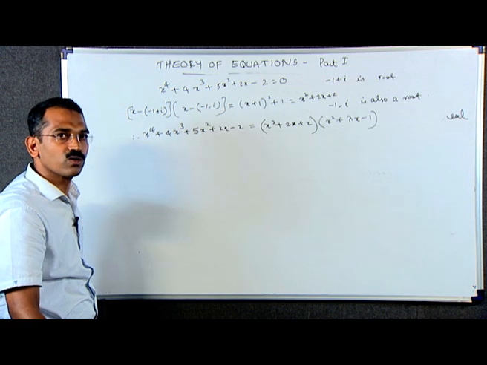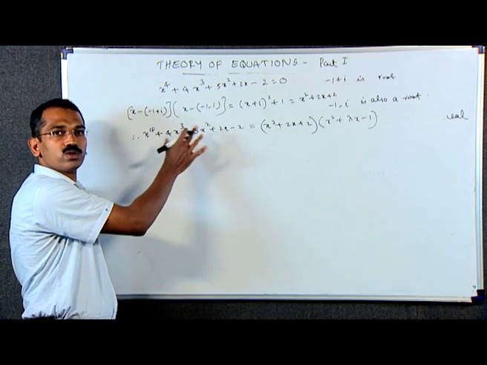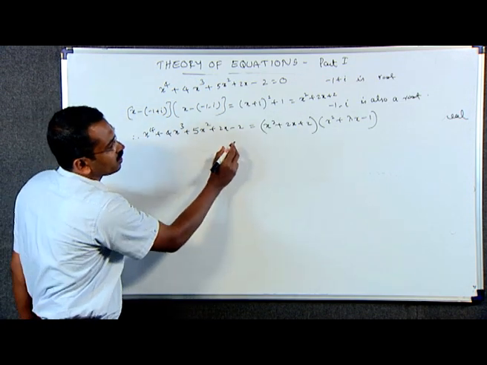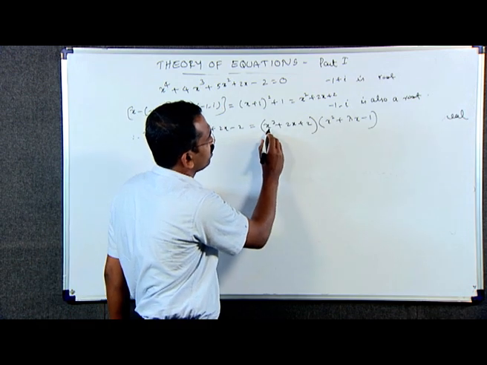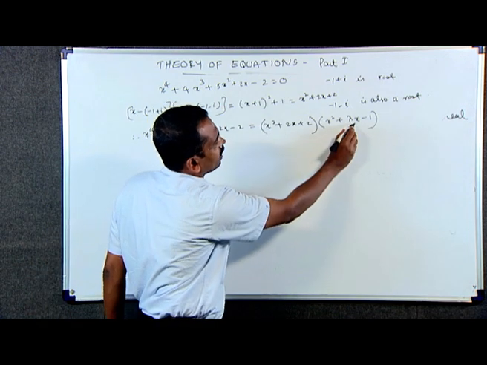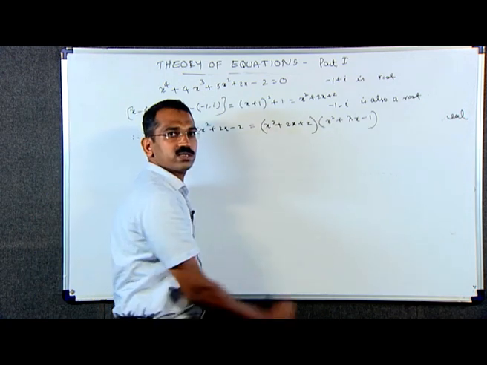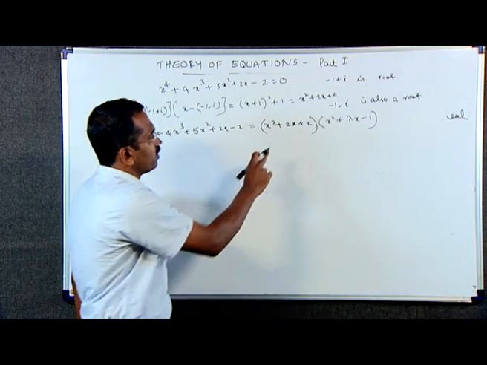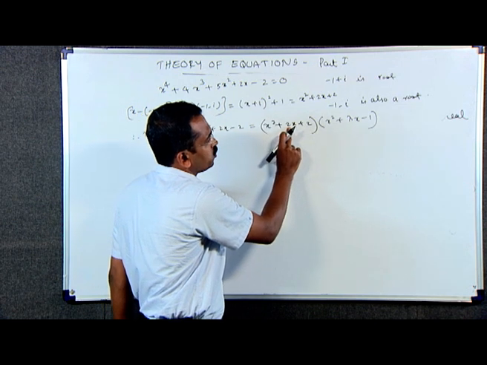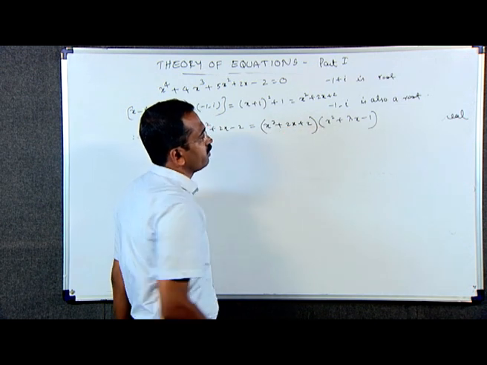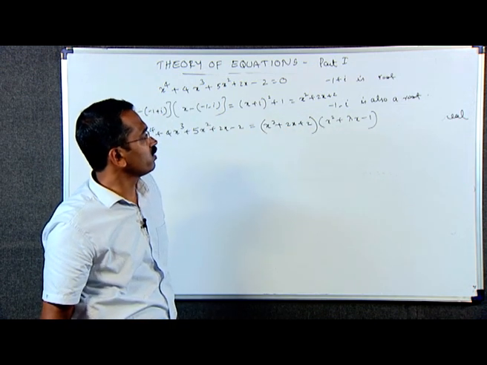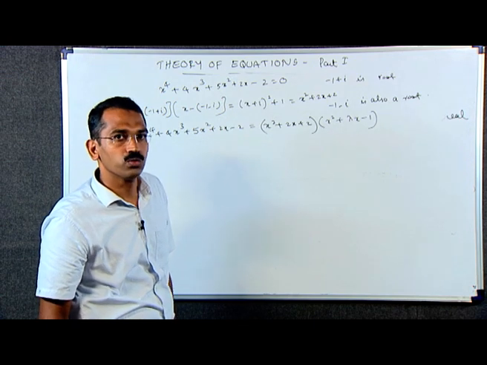Equating the coefficient of x³ on both sides, we get: the coefficient of x³ from x² into λx is λ. In this term, 2x into x² becomes 2x³, so the coefficient is 2.